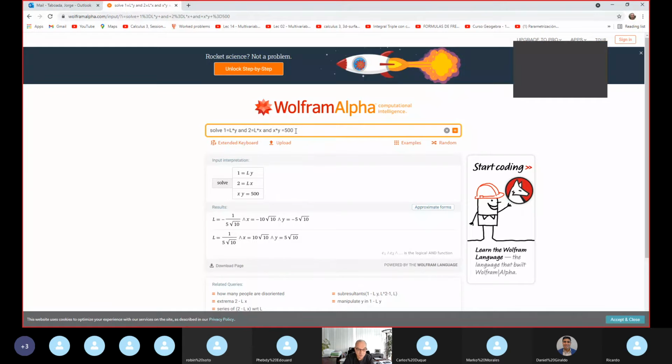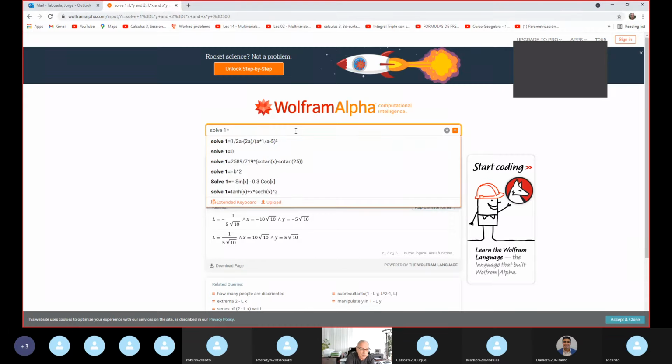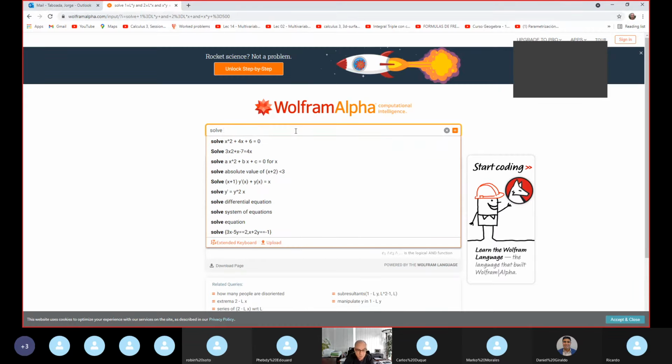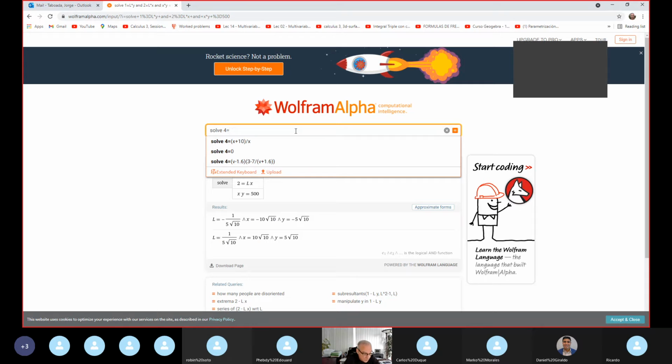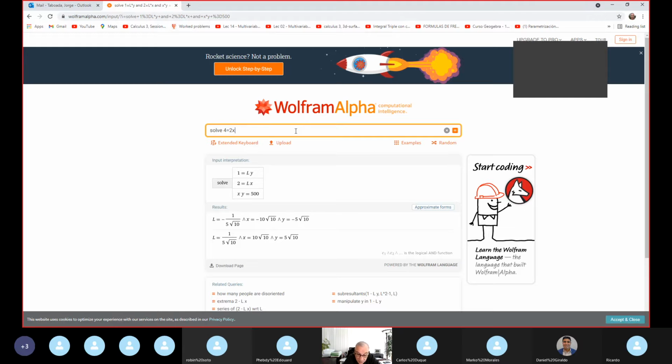Okay. Erase everything. New problem. Except the word solve. I'm typing 4 equals 2 lambda x, whatever. When you have a number and a variable, multiplication sign is not necessary, but now times is mandatory. Times lambda.